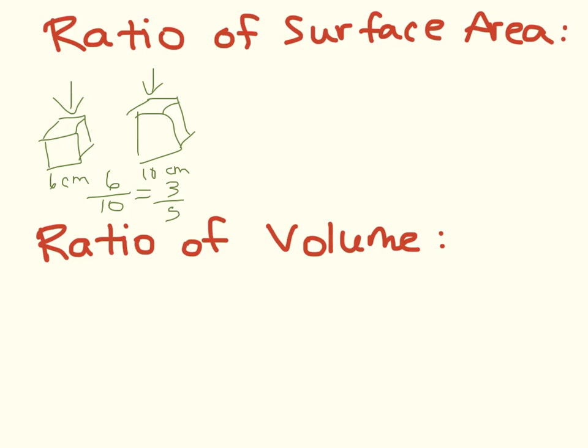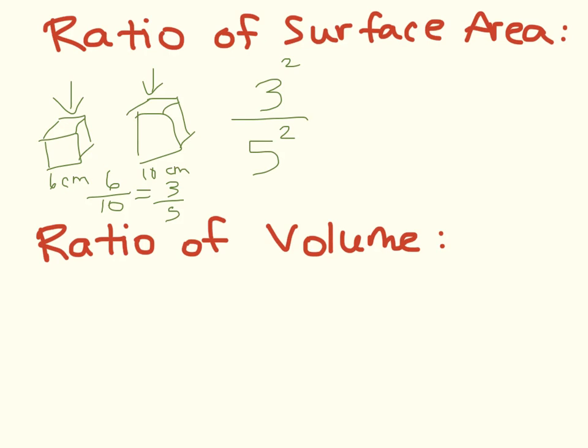Once I know that scale factor, I can then determine the scale factor of the surface area. So if their scale factor is, for example, 3 over 5, then the scale factor of the surface area is going to be 3 squared over 5 squared.